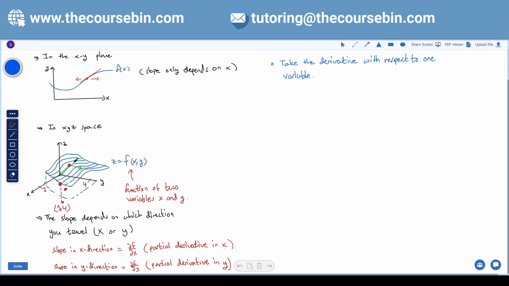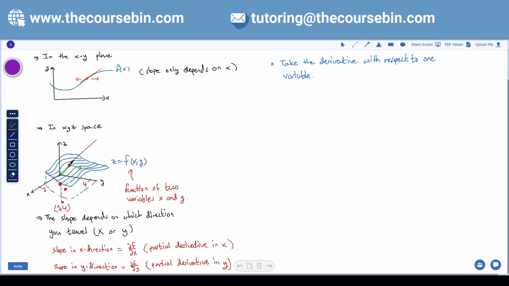It just means that you're only walking in one direction. Say we're back to this point again, and we want to know the slope in either the x or the y direction. We can choose to walk in the y direction, or in the x direction. If we walk in the x direction, the y doesn't change.